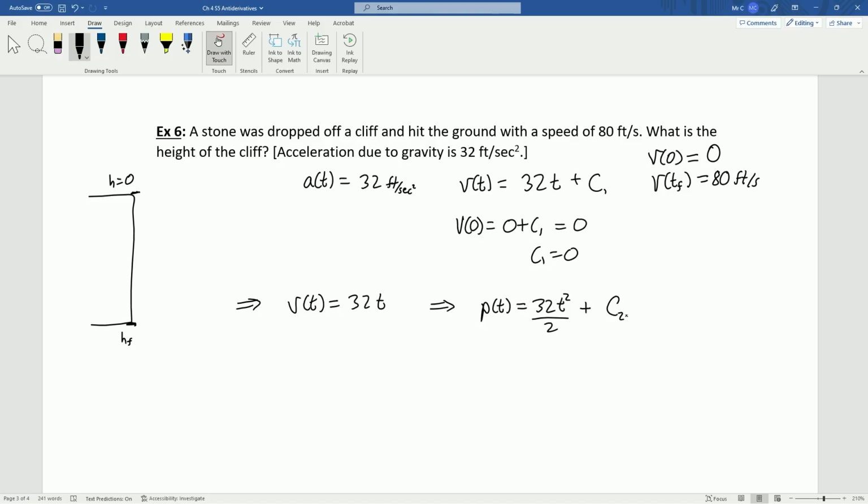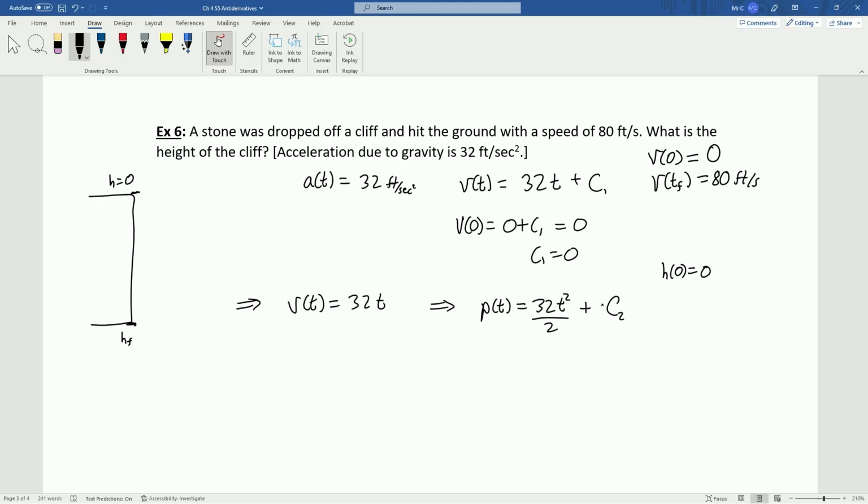And what's this constant going to be related to? Well, it's going to be related to my position. But remember, we set the initial position to be 0 to make our lives a little bit easier. And this is where that pays off.